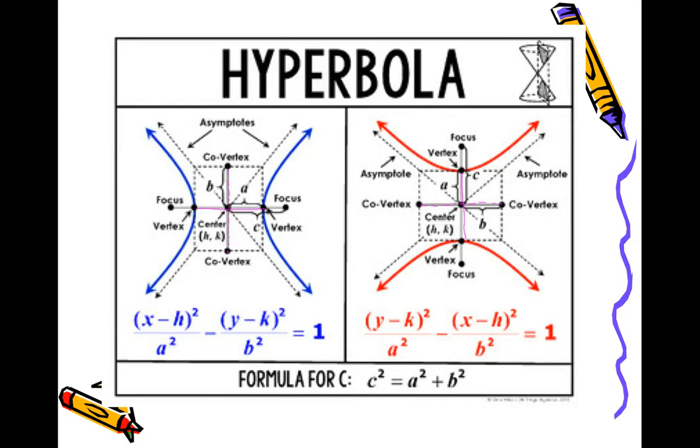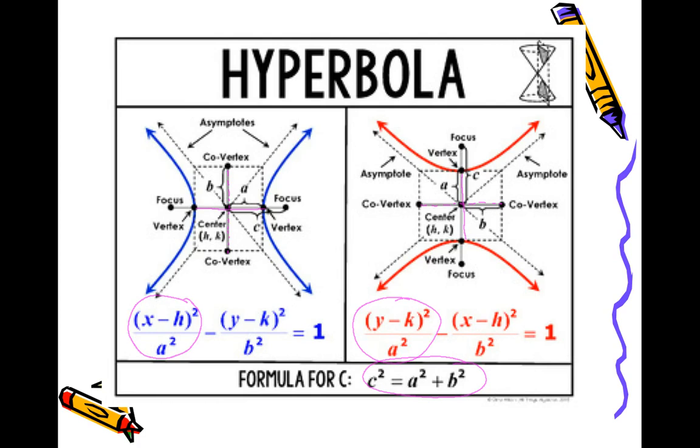We're going to create this box in order to guide the asymptotes, which show us how wide it opens. To find the foci, the focal points, C squared equals A squared plus B squared. Whichever term is positive tells us which way it opens. In this case, my y term was positive, so it's opening up and down.